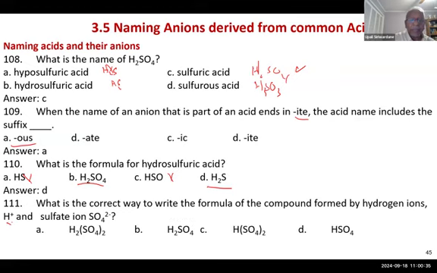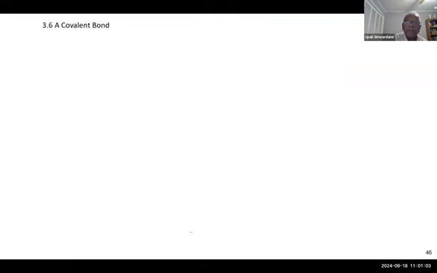Hydrogen and sulfate. That is the correct answer. Sulfate can gain 2 hydrogens, ions. The correct answer is B.